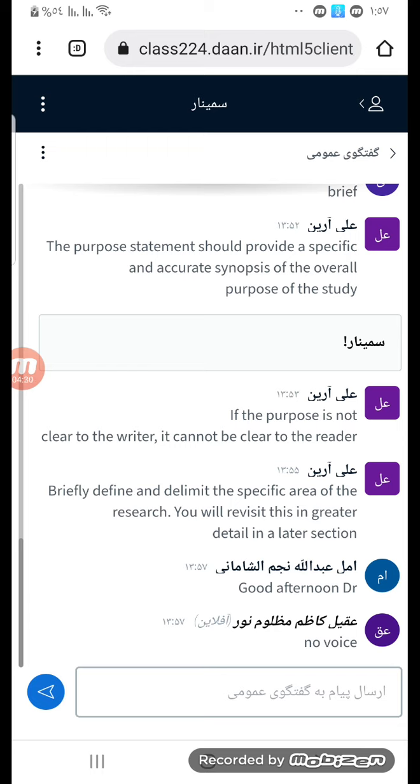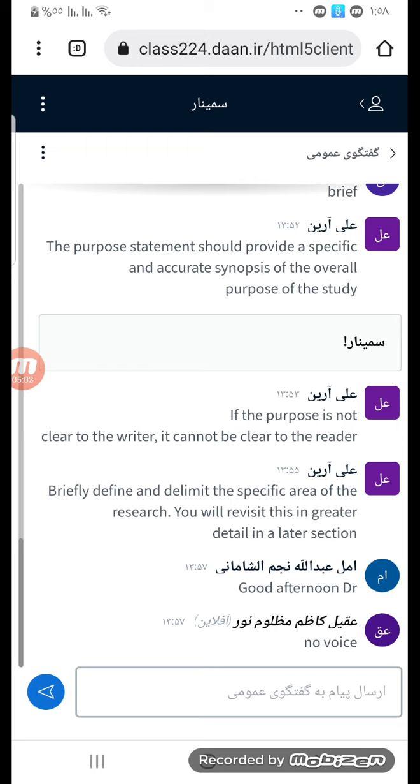I mean, in a proposal, we have a part called significance of study. We have a part, or element, called research questions. On that part, you can completely talk about them. But here in the purpose of the study, you can just mention them briefly, succinctly, not more than that, not completely.